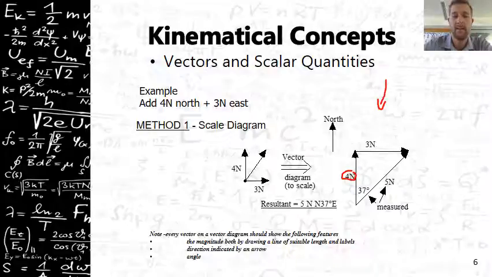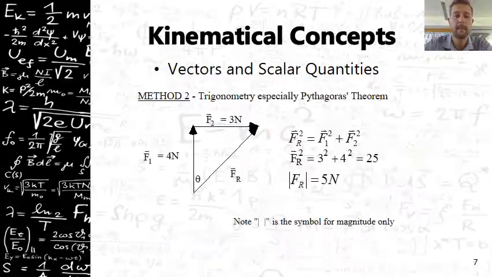Now our result goes from the start, which we started here, and finishes up here, and so our result is this 5 newton vector pointing in that direction. Using a scale diagram, we can find this 5 newtons by using a ruler and measuring it. We can also use a protractor to measure the angle here.